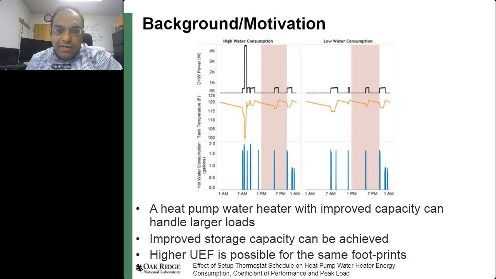Most heat pump water heaters have a backup system in the form of electric resistive heaters, and they are there mainly to provide ancillary power as needed. In case the heat pump system is unable to meet the requirement, those heaters kick in and provide the additional heating.